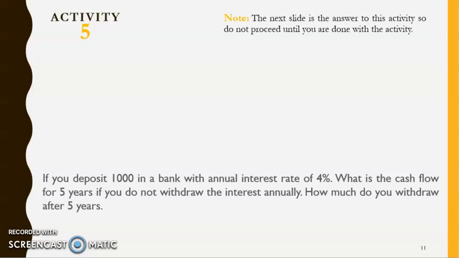So if you deposit $1,000 in a bank with annual interest rate of 4%, exactly the same as the previous one, what is the cash flow for 5 years if you do not withdraw the interest money annually? How much do you withdraw after 5 years?